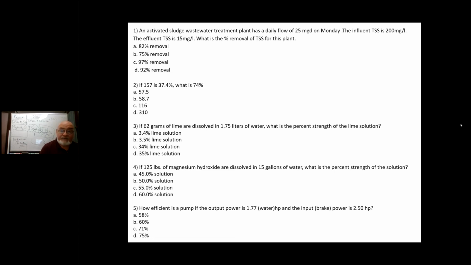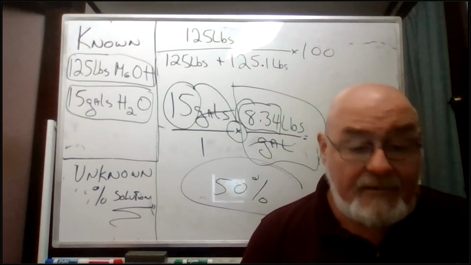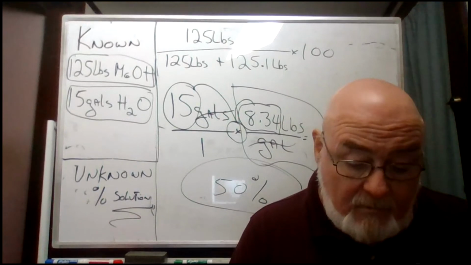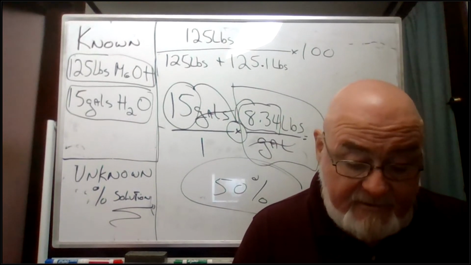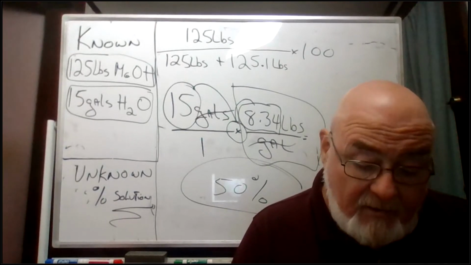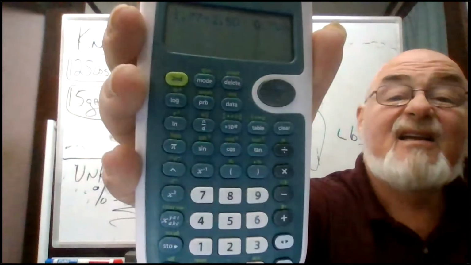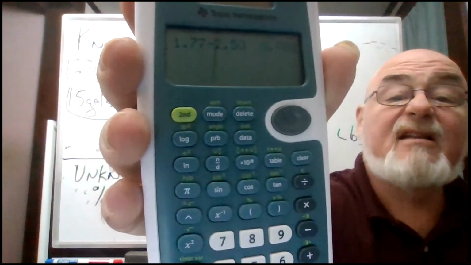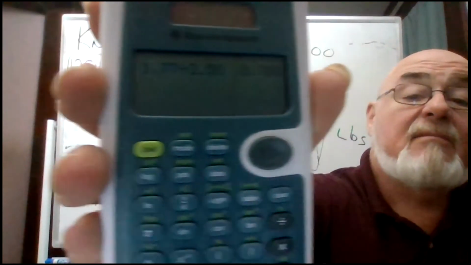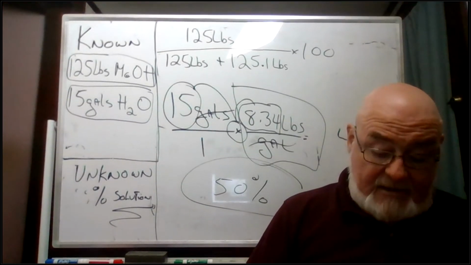So I've got my old calculator out. 1.77 divided by 2.50 equals 0.708. You multiply that answer by 100.